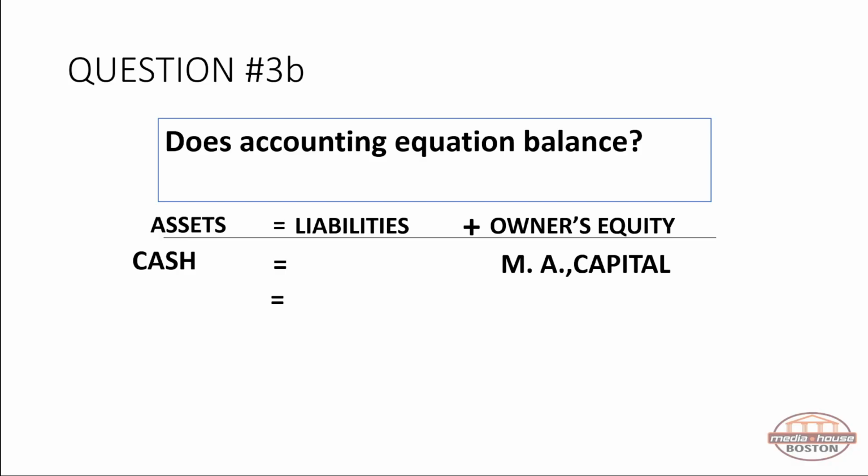So over here, we have assets equals liabilities plus owner's equity. We did mention that cash or bank is our asset, so it's going to be increasing. And then owner's equity, we have the capital account, which is also going to be increasing. So we need to indicate by the plus sign that our asset is going to increase by 125,000, which is the money that went into our bank account.